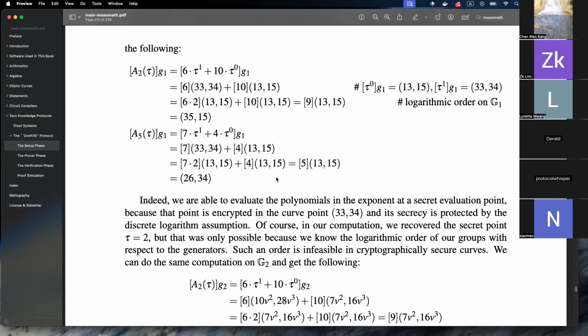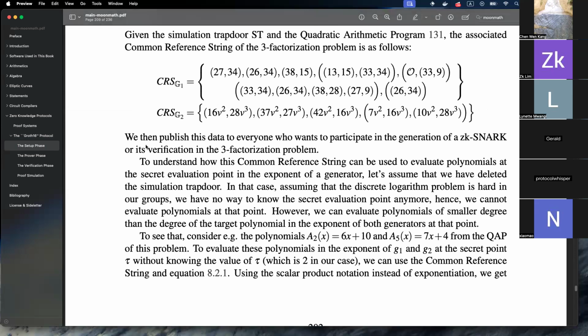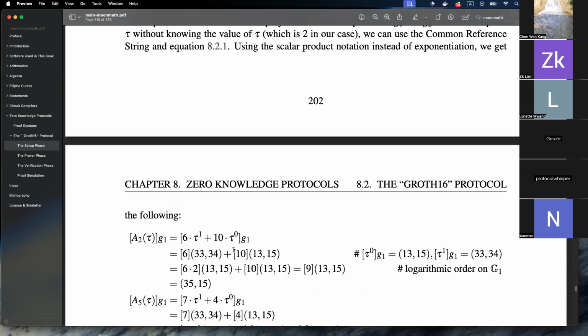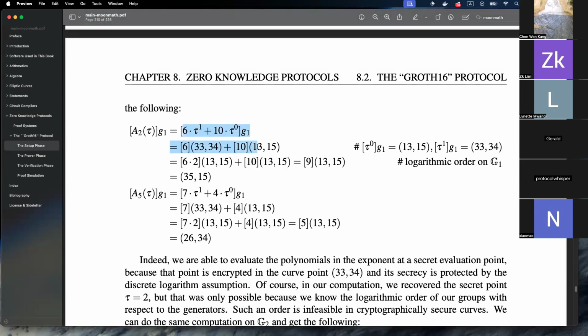Just slowly scroll down. Here is showing that, given your CRS, you can actually evaluate polynomials. Look at this: A(tau) in G1, the point evaluated at tau. You can see that A(tau) expanded is this, and doing this product with G1, if you expand it, is 6 times tau^2 G1 plus 10 times tau^1 G1 plus 10 times tau^0 G1.